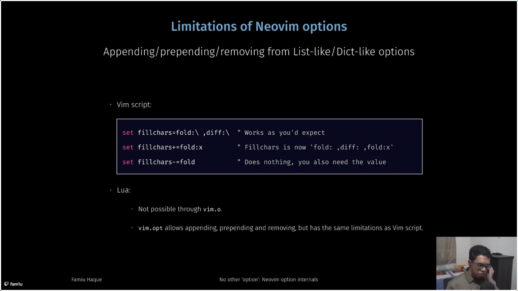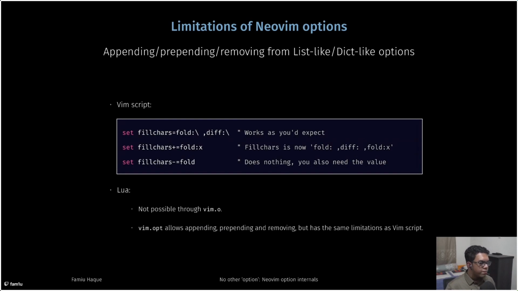It sets the value for fillchars. The second line does not. It now sets fillchars to fold space, diff space, fold x. You can notice that fold is here twice. So instead of replacing the value, it added on top of it. And when removing it, you can't even just remove it using the key. You need the value as well. You guys can already see why this is annoying.